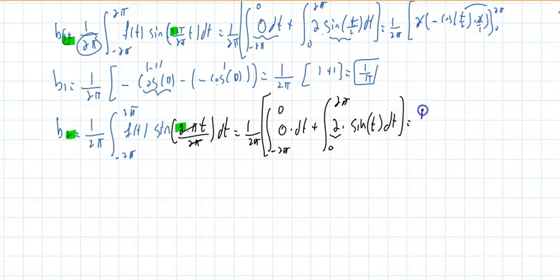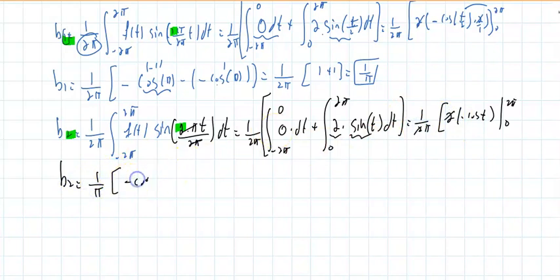And what is that? That is 1 over 2 pi times twice negative the cosine of t evaluated from 0 to 2 pi. So b sub 2 turns out to be, the 2's cancel out, 1 over pi times negative the cosine of 2 pi minus negative the cosine of 0.